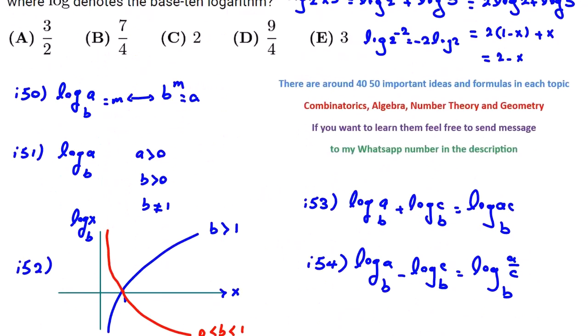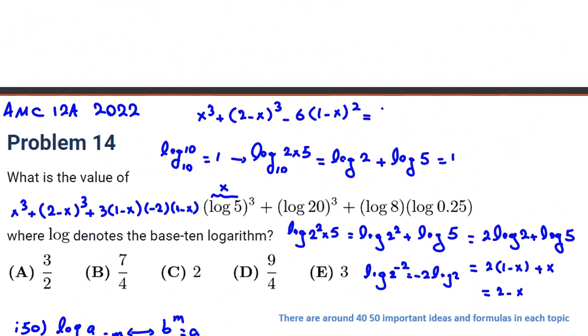Okay, so if we use this binomial theorem, it will be x cubed plus x cubed minus 3 times 2, 6 x squared plus 12x minus 8. Here it will be negative 6x squared plus 12x minus 6.